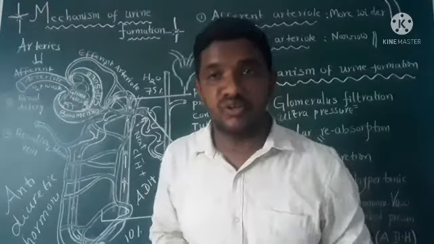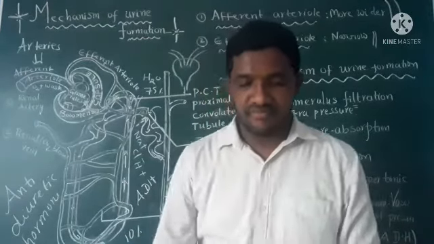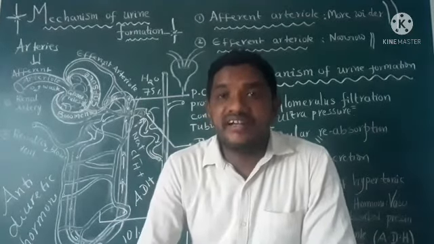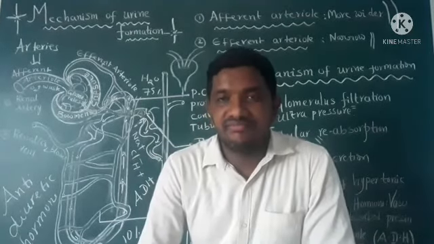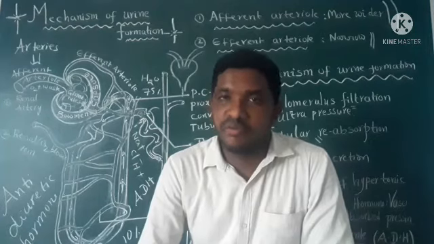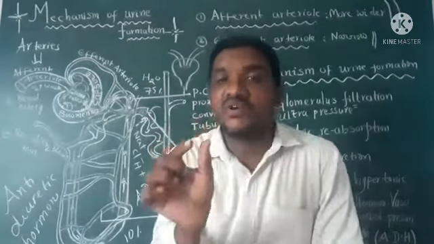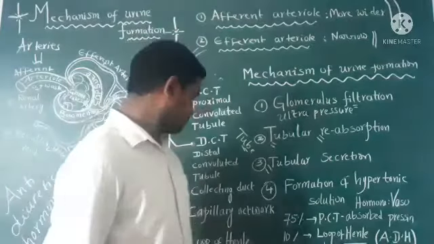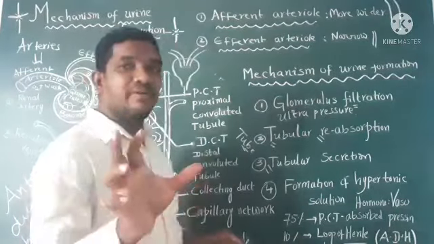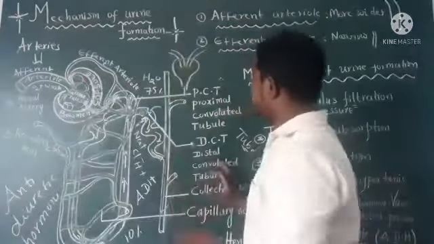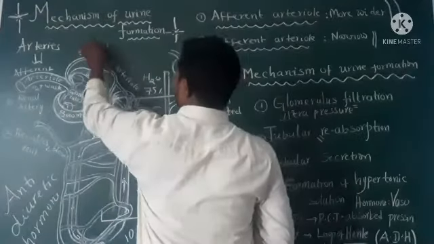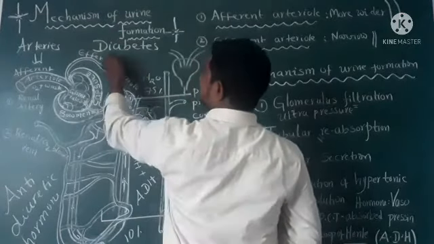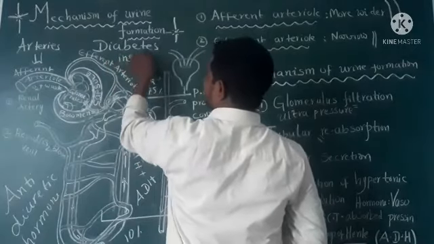Then what happens, do you know? It causes excessive, repeated, dilute urine to be passed out. That is called diabetes insipidus.